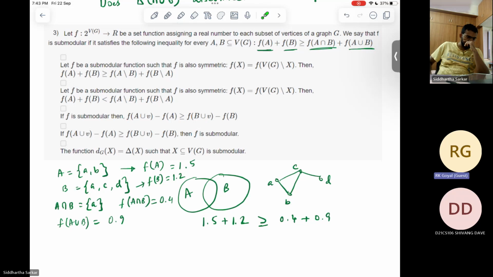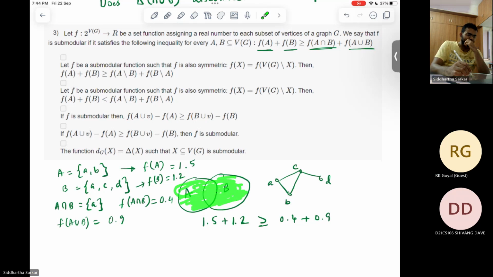From this inequality, I came to know that the left hand side is fA, the area covered by this circle A, plus the area covered by this circle B. So basically the intersection has been counted twice here, and so this is greater than f of the intersection of A union B. In the right hand side also I have counted this intersection area twice.